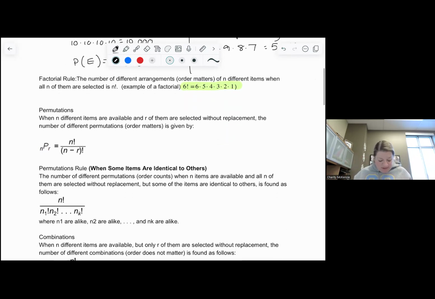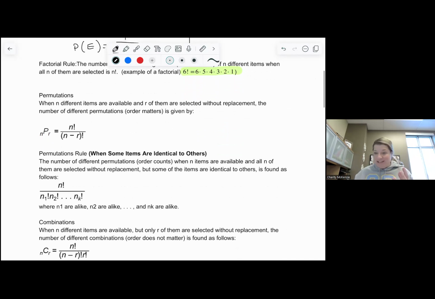Permutations and combinations are also counting ways, but with permutations and combinations, you're picking so many out of a total. The top one is when I have this many options for each thing, whereas this bottom one is when I have so many that I want to pick from.